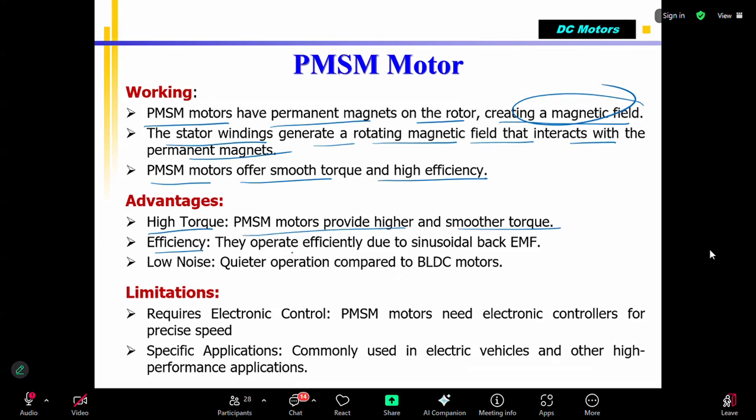Higher efficiency, they operate efficiently due to sinusoidal feedback, smooth operation. Low noise, quiet operation compared to other types like the BLDC motor or induction motor. But again, limitation: it requires electronic control. A PMSM needs electronic control for precise speed control. It is used in specific applications only, electric vehicles or high-end applications, because of cost also. Okay.